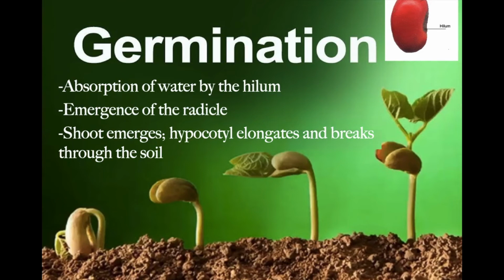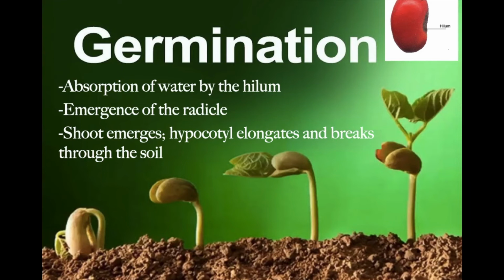We can also see in this step-by-step process of germination, you can see the cotyledons, those two little food sources coming up, and they start to separate.